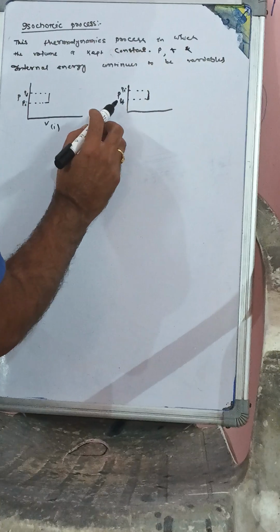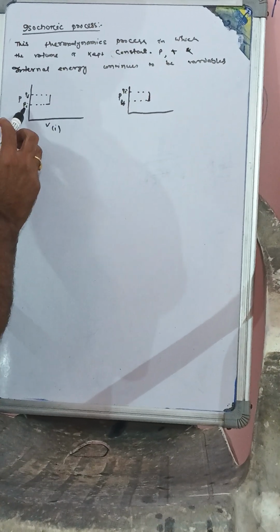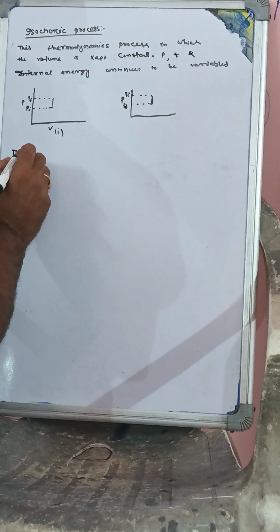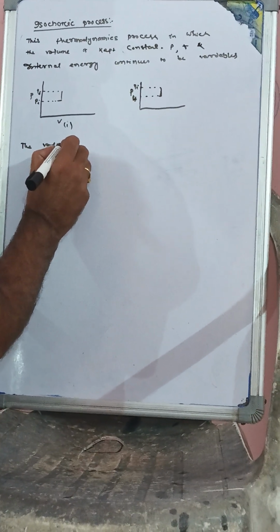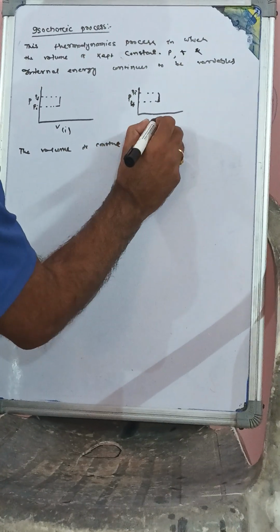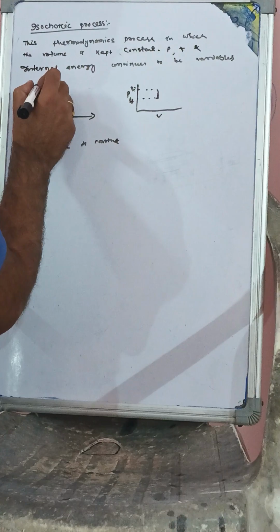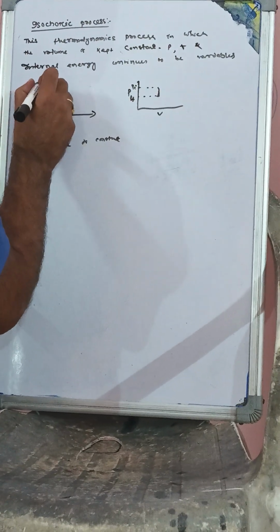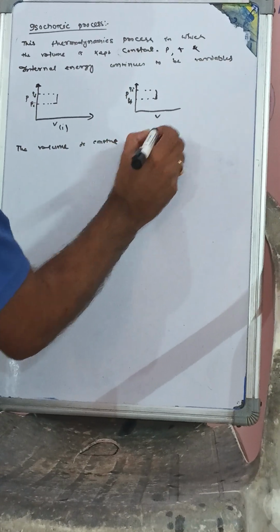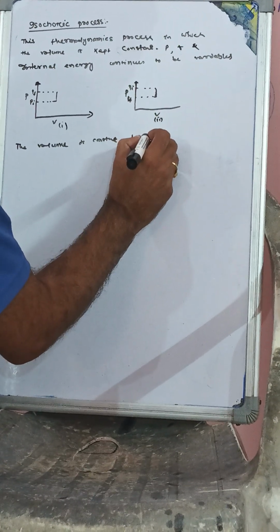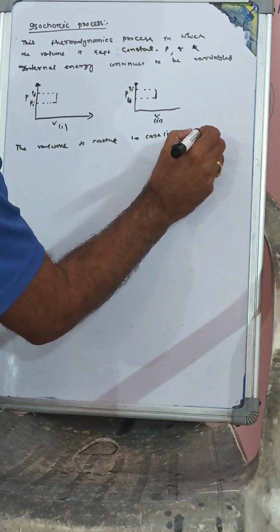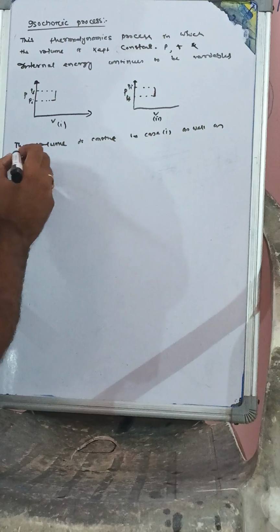This is pressure final and this is pressure initial. The volume is constant in case 1 as well as case 2.